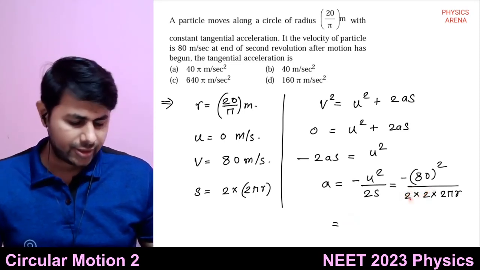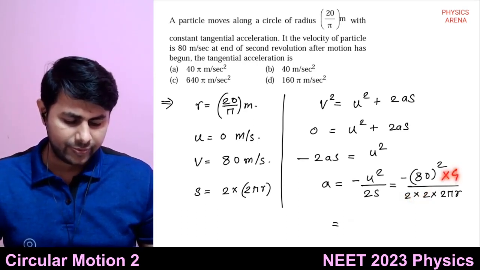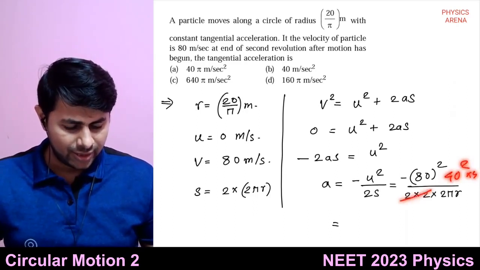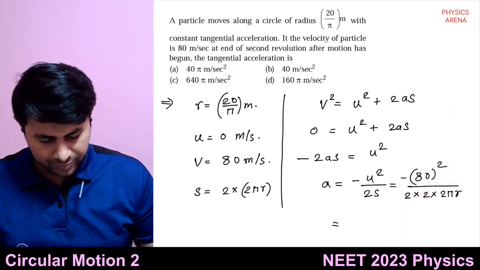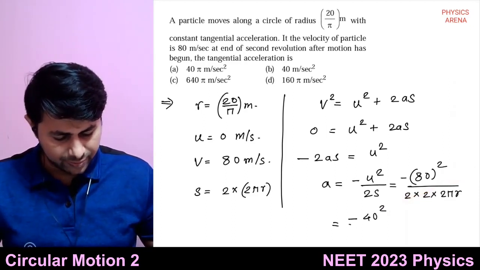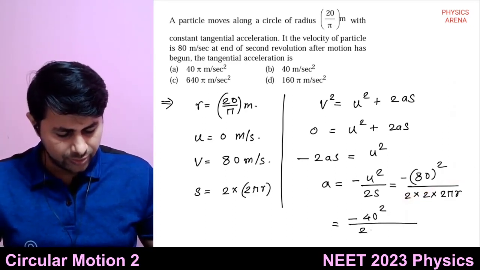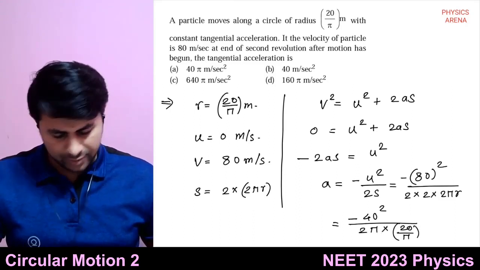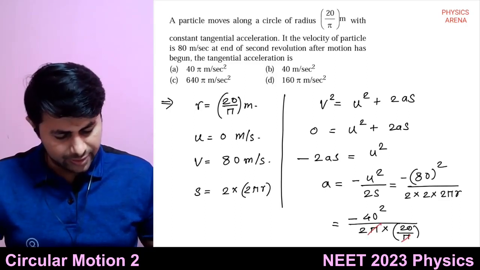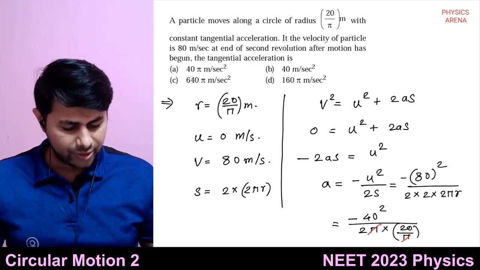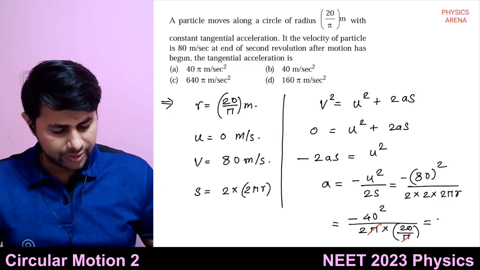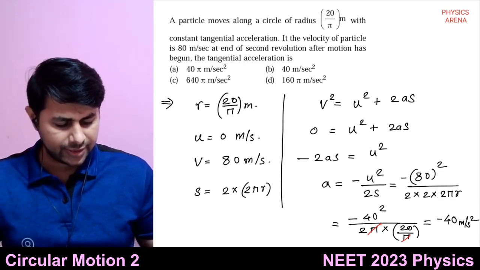So it will be 40 square multiplied with 4, and this 4 will get cancelled. So minus 40 square upon 2 pi multiplied with radius 20 by pi. This pi and pi get cancelled. So in the denominator you have 40, numerator you have 40 square. So the answer will be 40. So minus 40 meters per second square will be the answer.